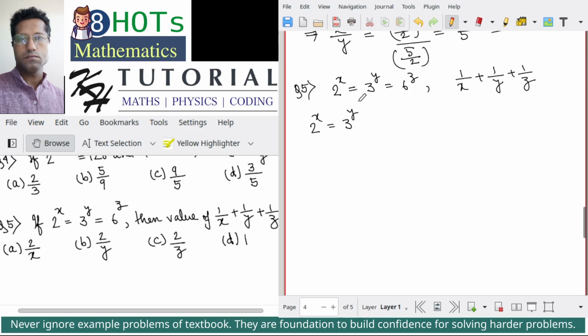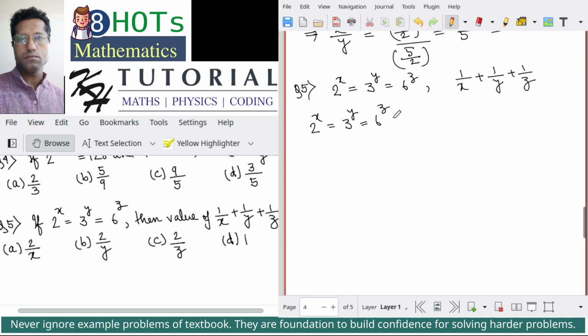Now, from the given equation, can we find somehow the value of x? Not value by value, not some constant. Can we find x in terms of something else? So we are given 2 raised to the power x is equal to 3 raised to the power y is equal to 6 raised to the power z. All these three are equal.